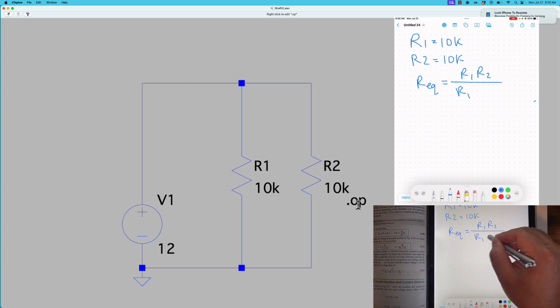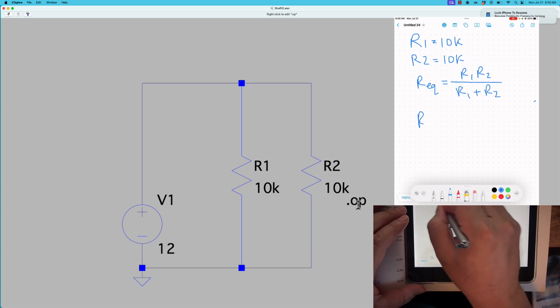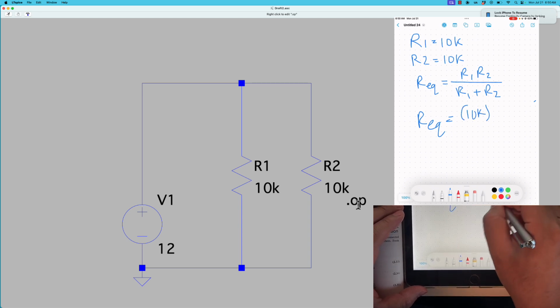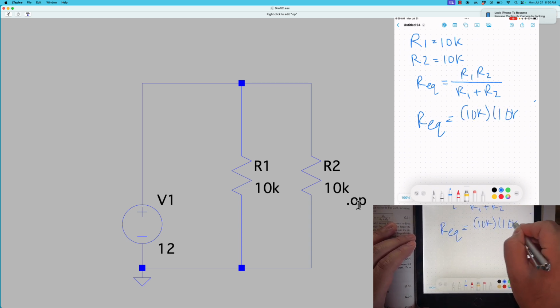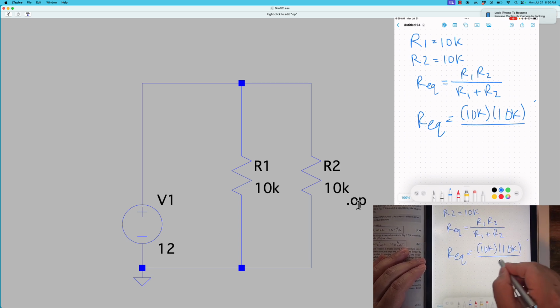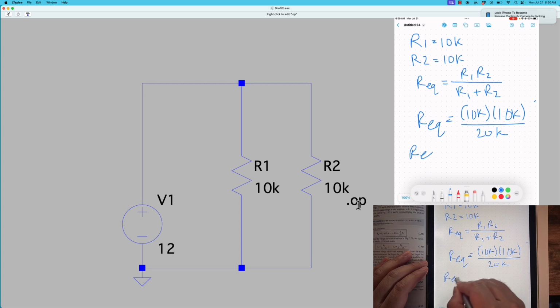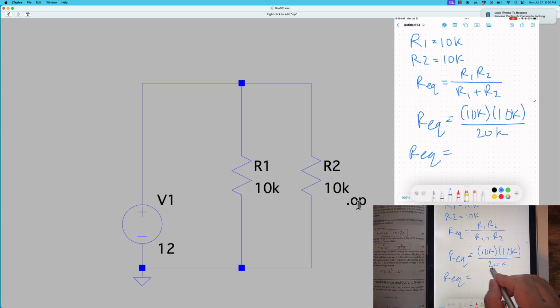R1 and R2. So then R equivalent is going to be 10K times 10K, or 10K squared, right? Over 10K plus 10K, which is 20K. So R equivalent is equal to 10 times 10 is 100K divided by 20K.